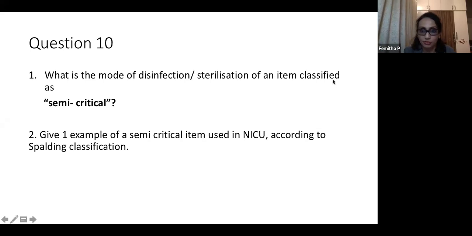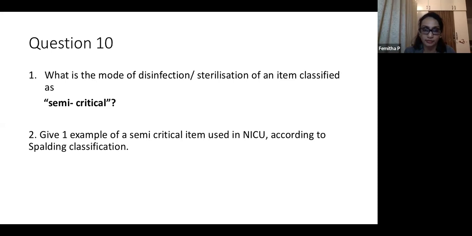So what is the mode of whatever? Semi-critical means an item that is coming in contact with either intact mucosa of the baby or non-intact skin. Critical is an item that is going to go into a sterile body surface or a sterile body space.